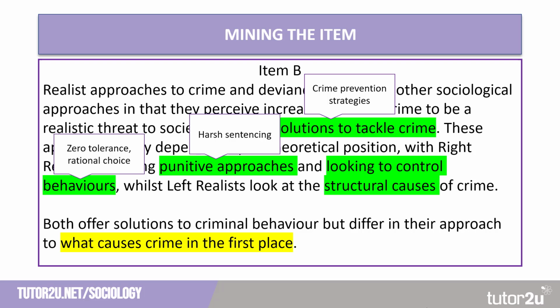Looking to control behaviours, again, rational choice theory, control behaviours by removing the potential rewards and increasing the costs, and also through zero tolerance, through the police physically moving people on and taking action against minor offences.